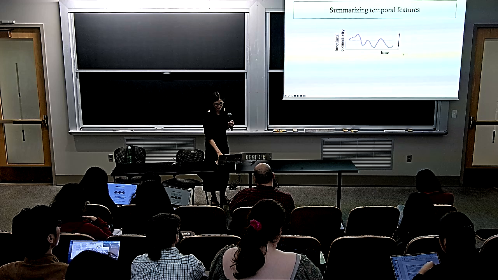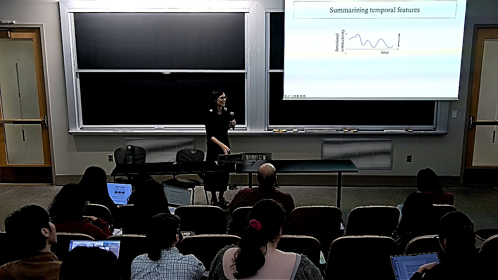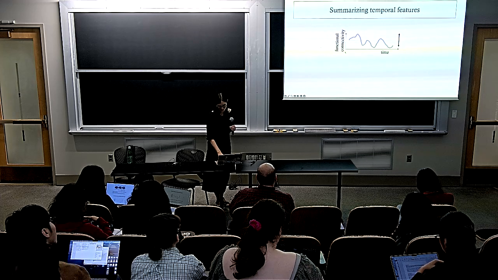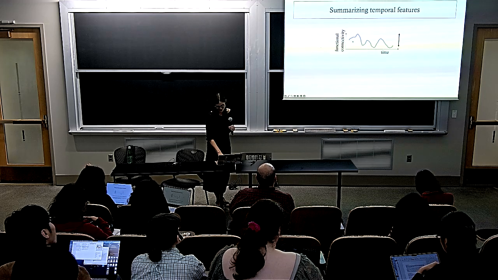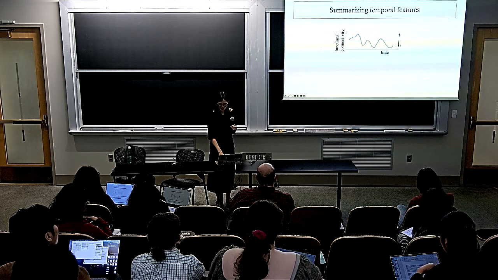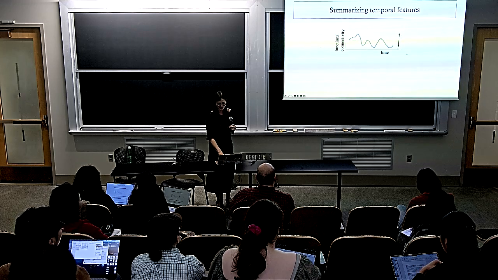Suppose you have this kind of hypothetical measure of dynamic connectivity over time. This could be from a sliding window analysis, or from another way of parameterizing connectivity change. We can see that there may be some features that we can pick up from this dynamic behavior. Maybe how much do regions vary in time? How quickly do changes happen?